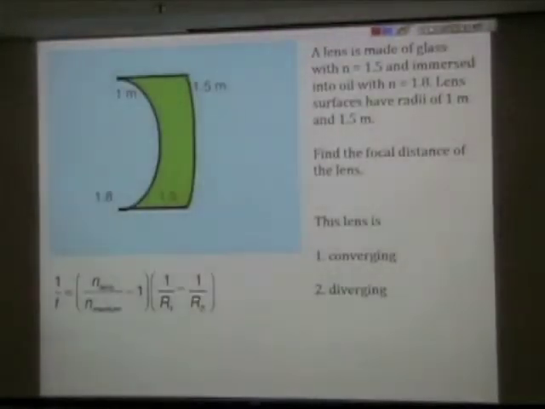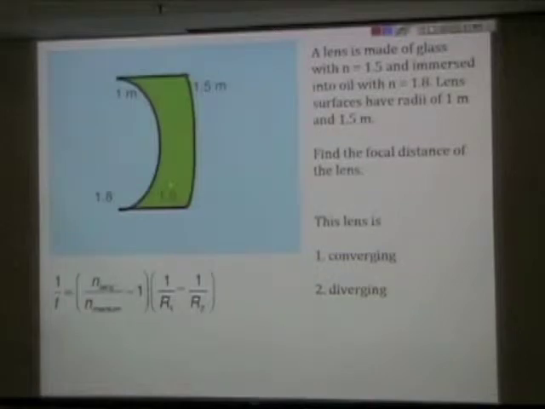Well, and now we're just going to answer several questions. This is one of the questions. What do you think about this lens? These are all the numbers. The first surface has a radius of 1 meter. The second is less curved. The radius is 1.5.